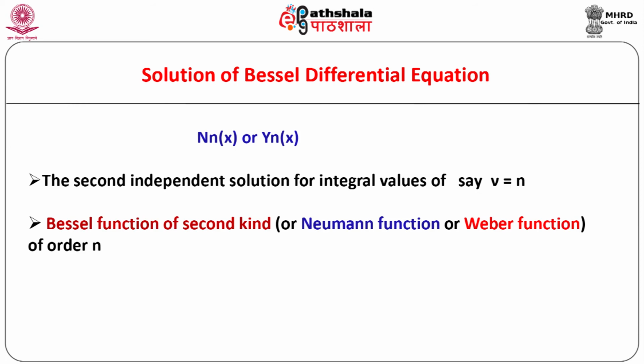The second independent solution for integral values of nu, say nu equal to n, is known as Bessel function of second kind or Neumann function or Weber function of order n and is denoted by Nn x and also by Yn x. Neumann functions are useful for physical problems such as modeling electromagnetic waves in coaxial cables or in quantum mechanical scattering theory.